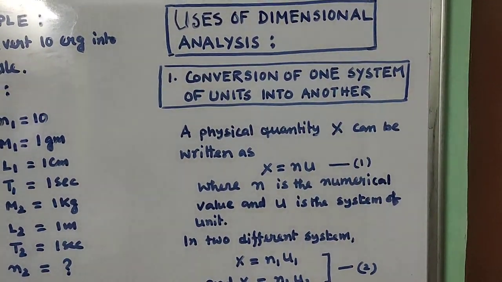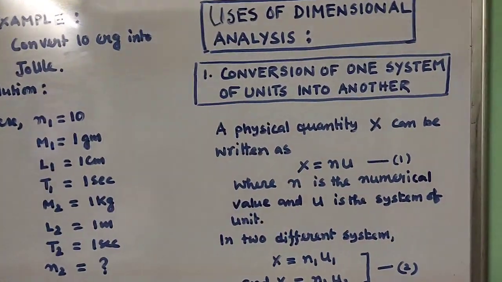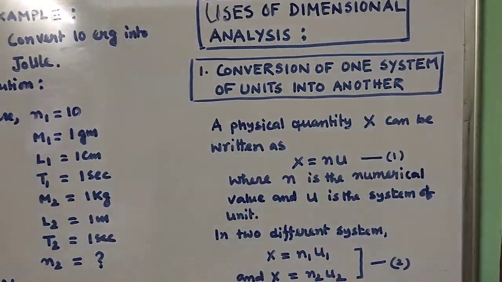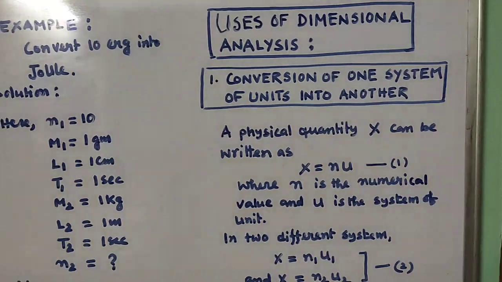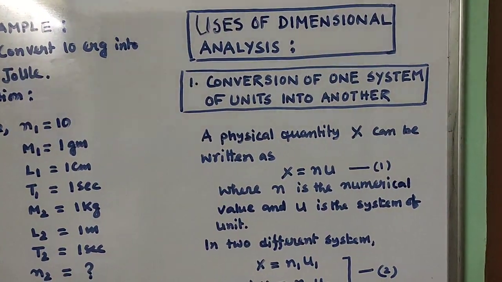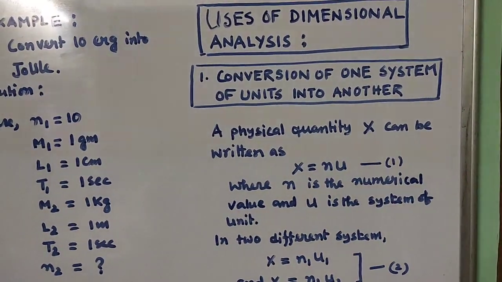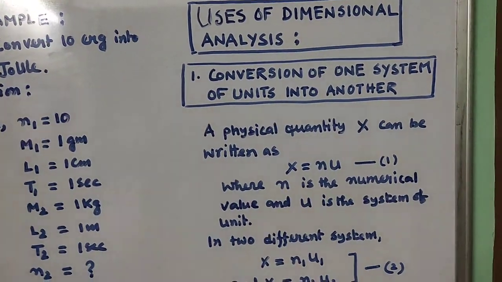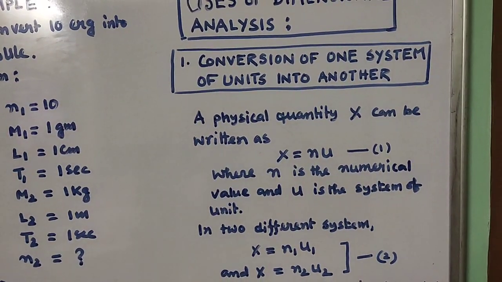For example, if I ask you to define the dimension for force, what formula you are going to use? That is your F equal to ma, mass times acceleration. If I ask you to define the dimension for acceleration, what will you do? You will use the formula acceleration equal to velocity by time. If I ask you to define the dimension for velocity, what will you do? You will use the formula velocity equal to displacement by time, or speed equal to distance by time.